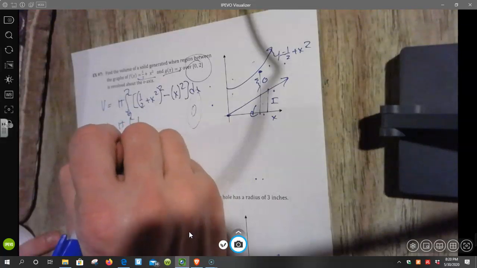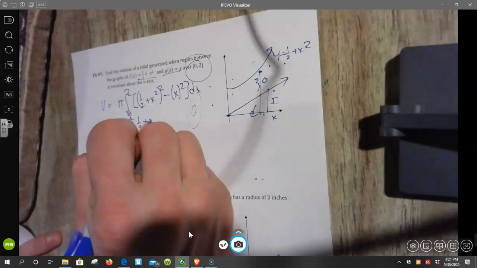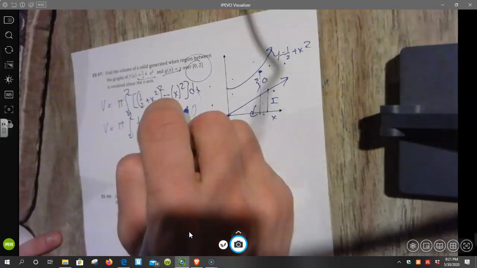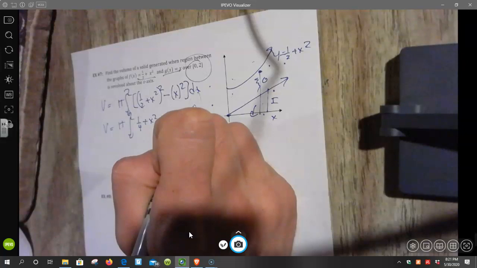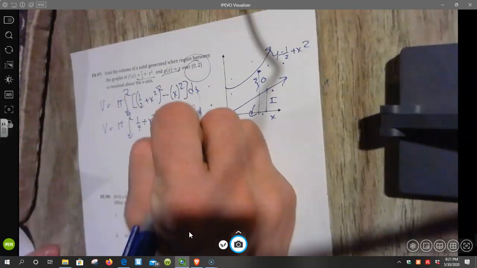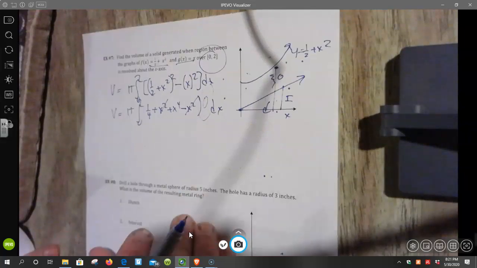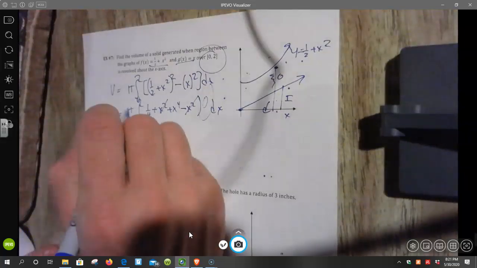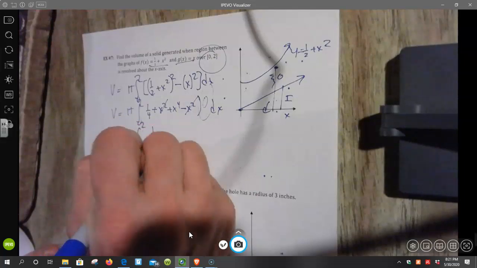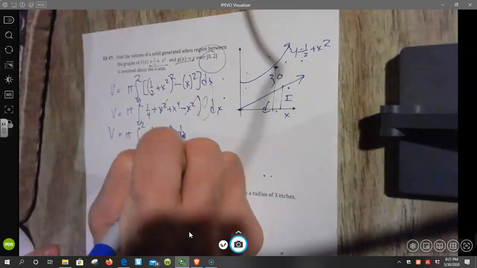It's going to be 1/4 plus x squared plus x to the 4th minus x squared, multiplying it out. And then we have x squared and x squared. This is dx. So we simplify that. We have pi, the integral from 0 to 2 of just 1/4 plus x to the 4th dx.